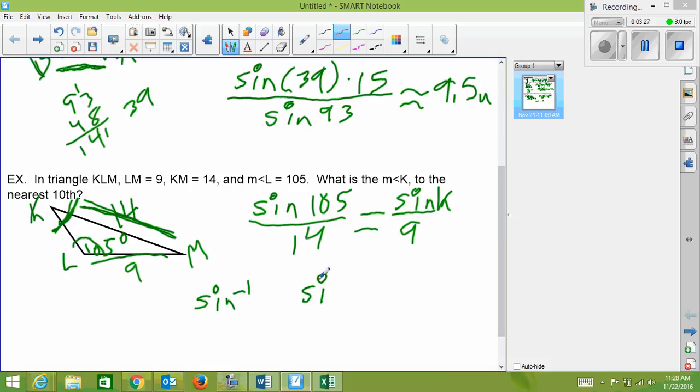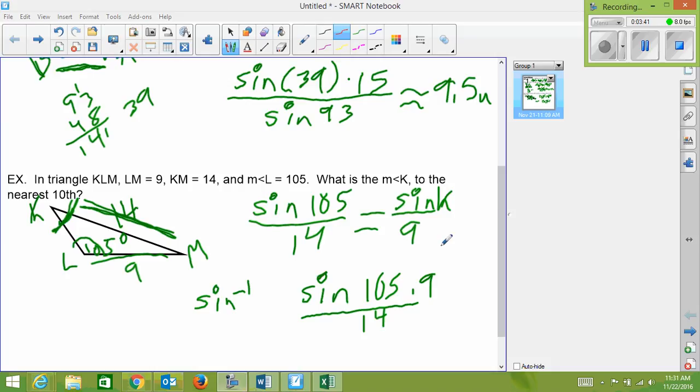So when I do this, I'm going to do sine 105 times 9, and I'm going to divide that by 14. When you plug this in, you have to be careful. It's actually going to look kind of weird on your calculator.